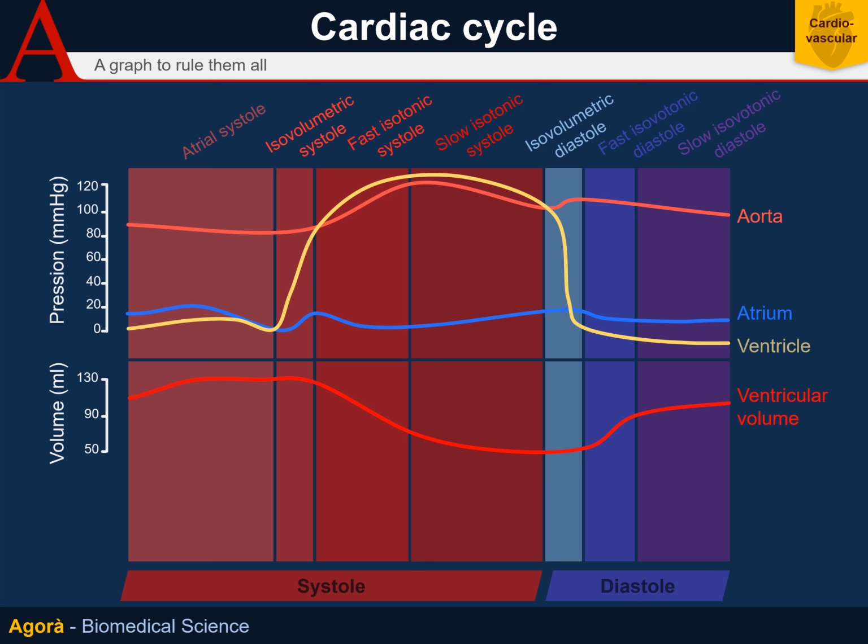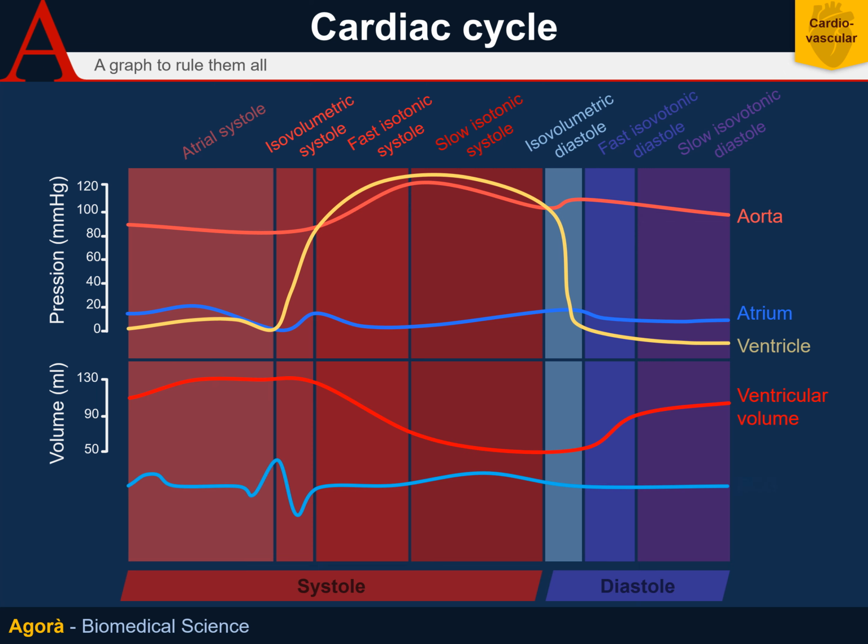We can pinpoint that the ventricular volume varies between 130 ml and 50 ml, showing that the ventricle cannot be completely empty. As we have already said, only 60% of the blood in the ventricle at the moment of contraction will flow to the artery.